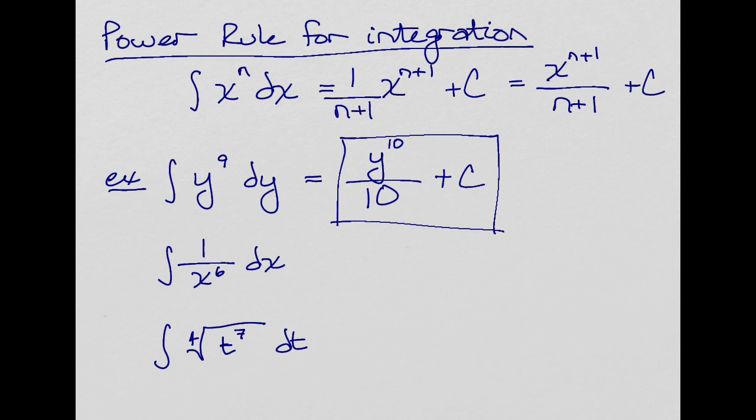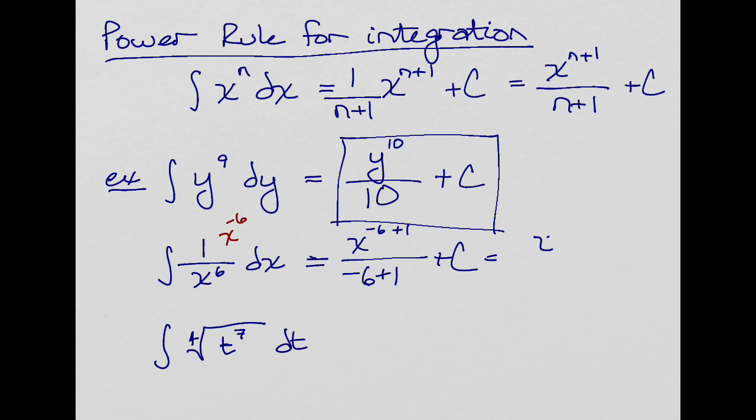1 over x to the 6th is x to the negative 6. If it's helpful to rewrite it like that, by all means do. When I find an antiderivative, I'm going to have x to the negative 6 plus 1 over negative 6 plus 1. And of course we won't stop there.